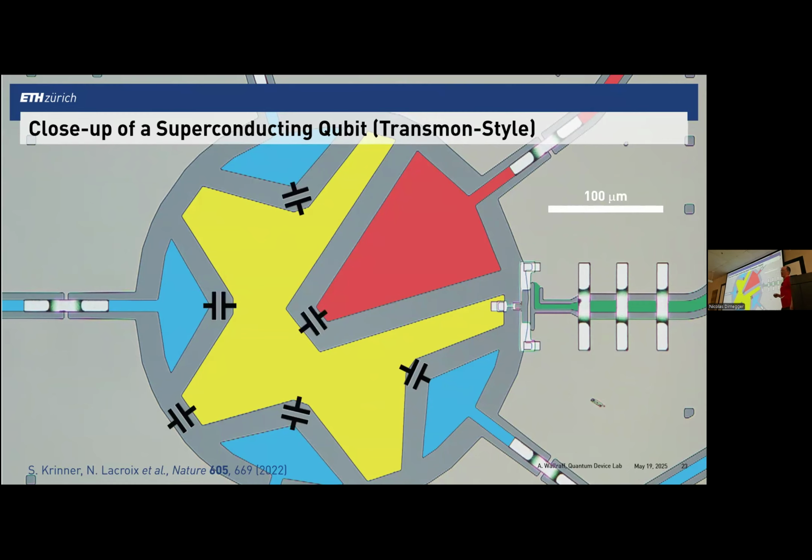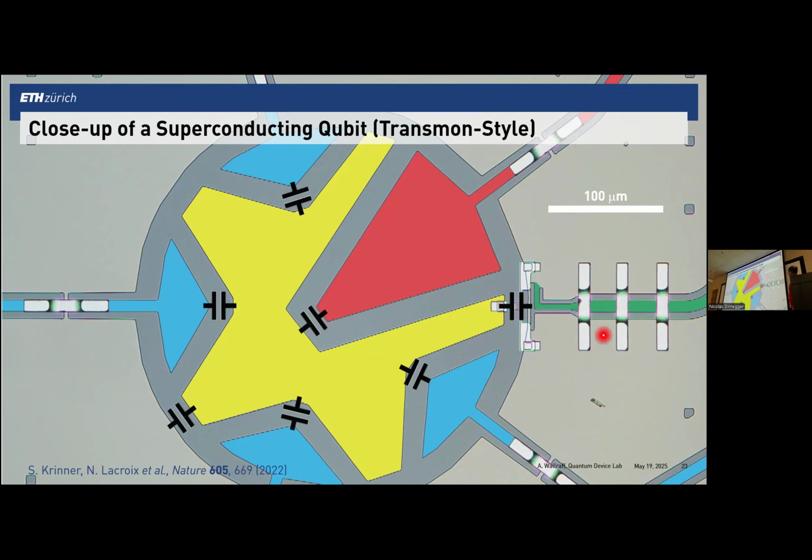It's also capacitively coupled to this large capacitor, which creates the coupling into the readout resonator. And there's also some additional capacitance through the two Josephson tunnel junctions that are located here where the SQUID is formed.